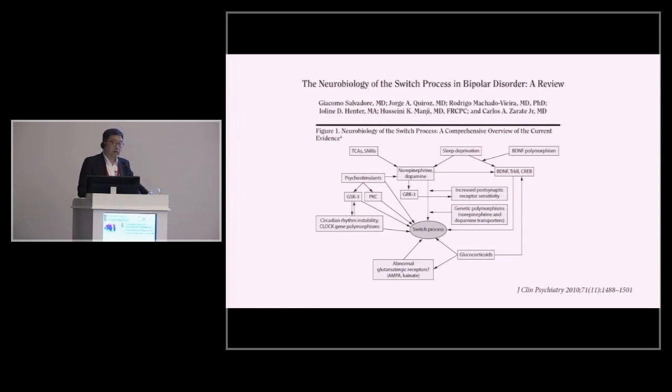But I think every clinician can find one or two cases in your clinic. So this is a paper discussing the reasons for switching, in the Journal of Clinical Psychiatry. Of course, it's a very busy slide, but I just want to show you that the switching effect is actually very complicated.